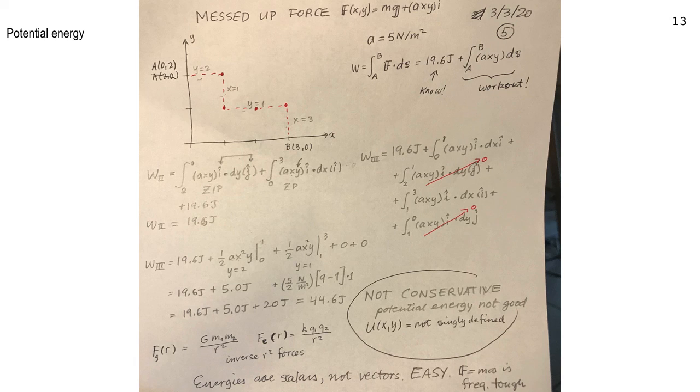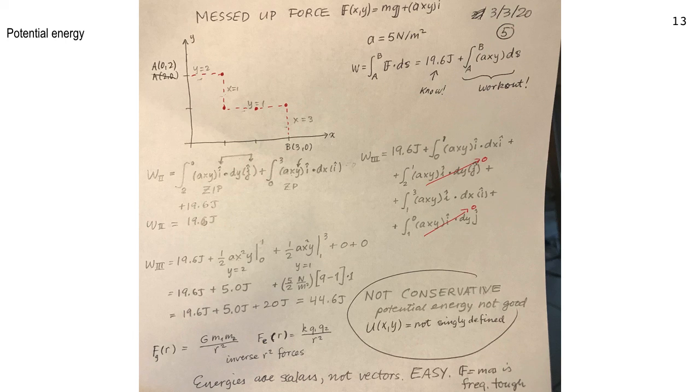All right. No, I'm sorry, this is right. Okay. So that's this vertical segment up here. So I'm going to get something up here. I'm not going to get anything here. I'm going to get something here. And I guess I'm not going to get anything here because this is a dy.